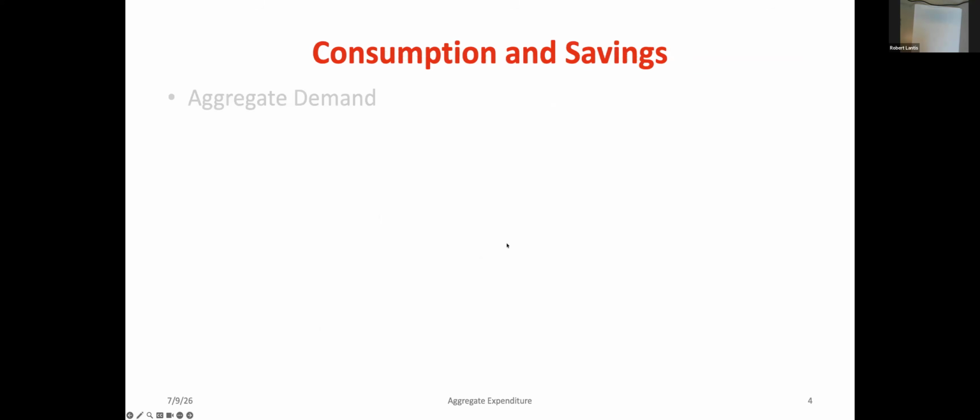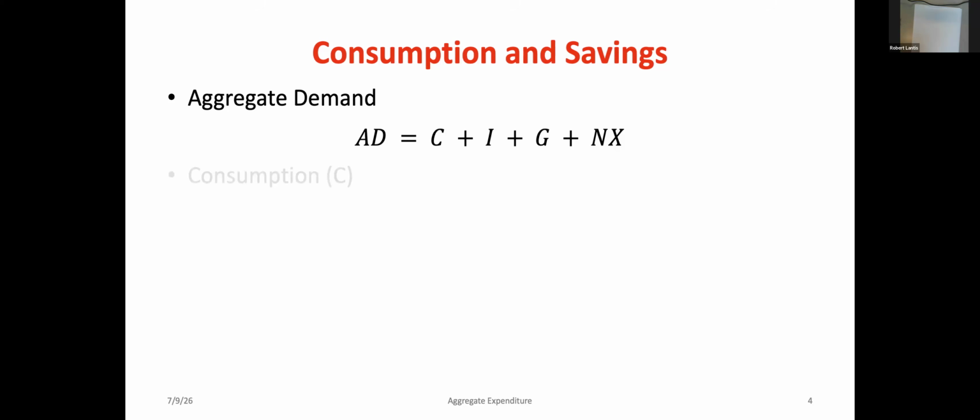When we think about aggregate demand, we said it was C plus I plus G plus net exports. So what's going to happen to aggregate demand if we see increases in income? If I see increases in income, that should change consumption. But part of that, I'm going to have to pay taxes or spend money on savings products.